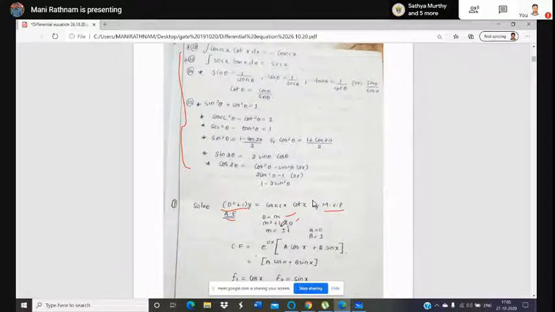Bringing the plus 1 to the RHS gives -1, so m square equals -1 and m equals the square root of -1. Whenever the square root has a negative sign, it represents a complex number, the imaginary part.